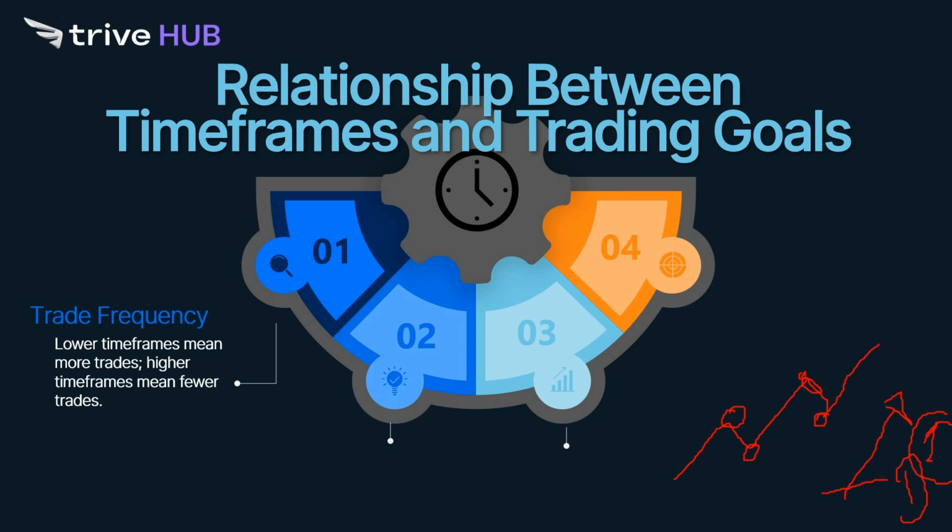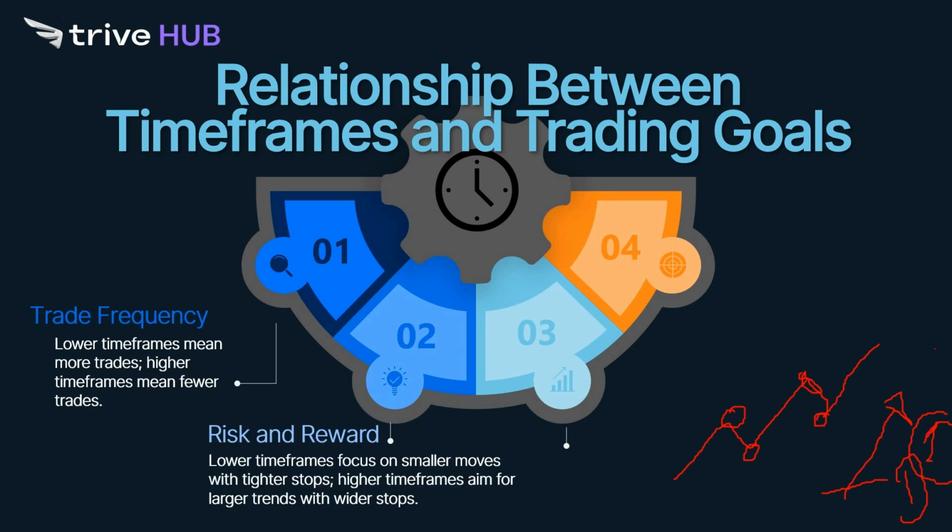And the second is risk to reward ratio. Lower time frames focus on smaller price moves, we know that, with small stop losses. But on the other hand, higher time frames aim for larger trends with a bigger stop loss. In lower time frames, the advantage is that your risk will be smaller due to smaller stop losses.